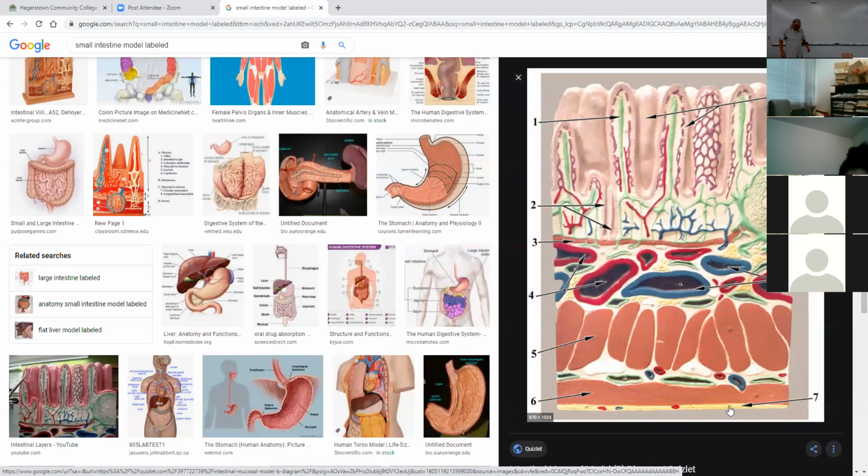All right. Then move on to page 18, the pancreas model. And I might be able to find it right here.